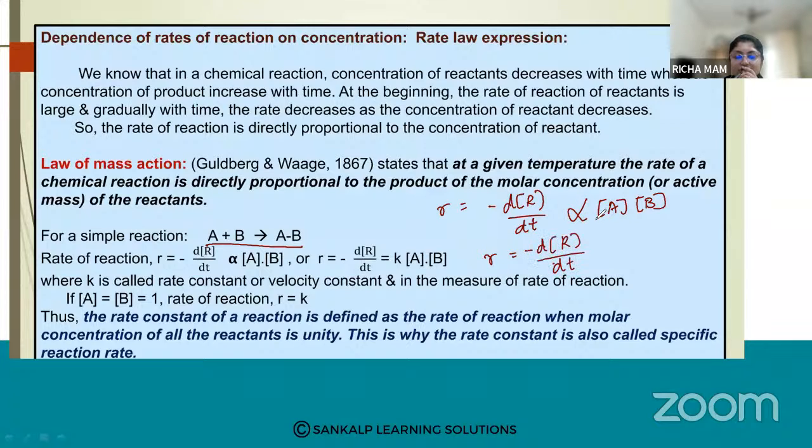If we remove this proportionality sign, I will introduce a constant, that is K, times the molar concentration of A times the molar concentration of B. Suppose the molar concentration of A and B is equal, if we take it as 1, then rate will be equal to the rate constant.